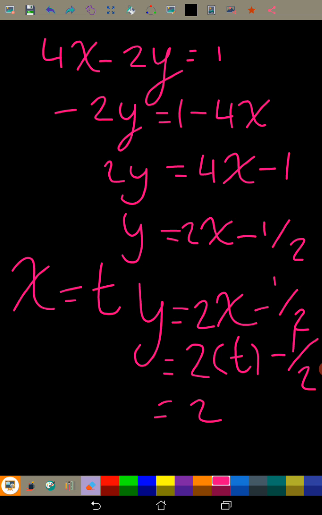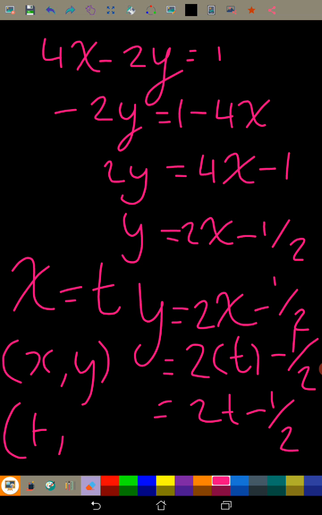So it's going to be the solution set of this equation. So for x and y, we'll have like t and, I don't know, 2t minus half. This is a solution set. Okay, so solution set.